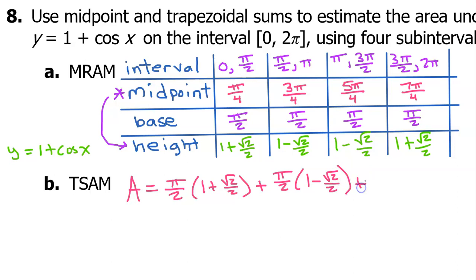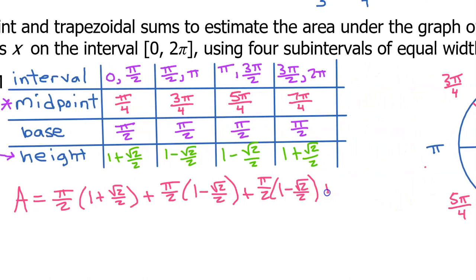For the third rectangle, it'll be pi over 2 times 1 minus radical 2 over 2. And for the fourth rectangle, it will be pi over 2 times 1 plus radical 2 over 2. It's just base times height 4 times.